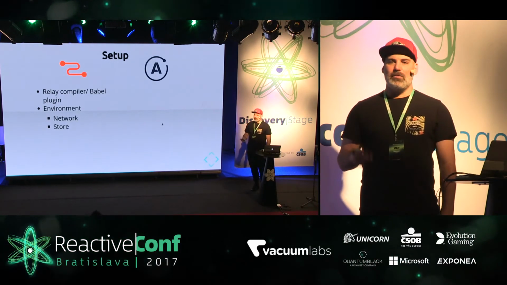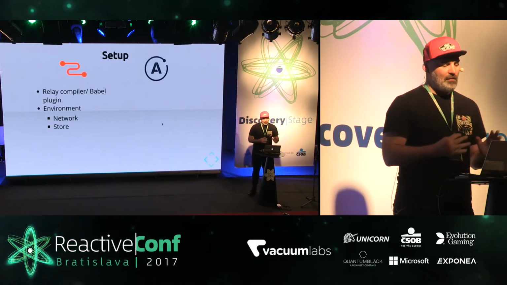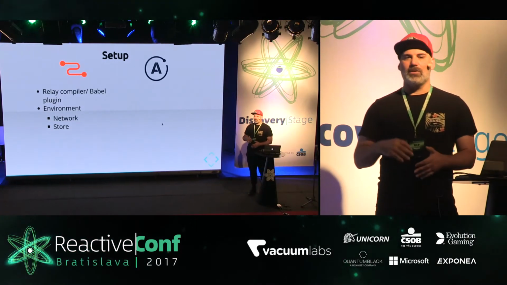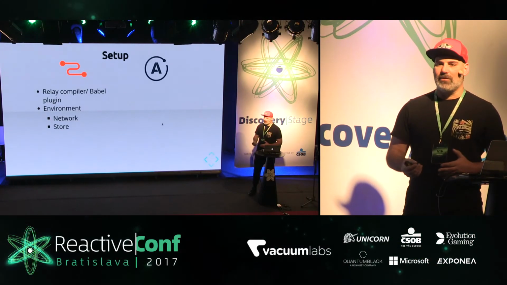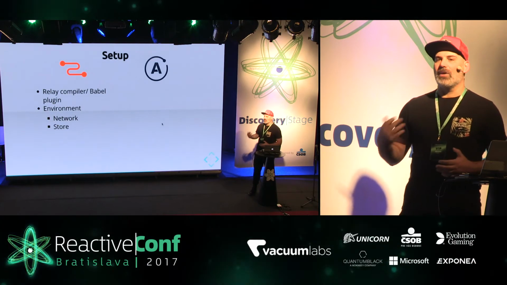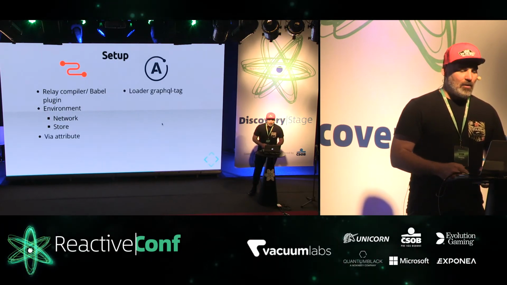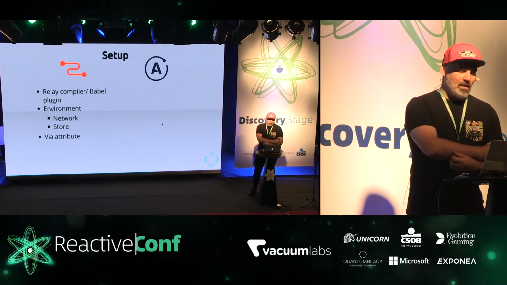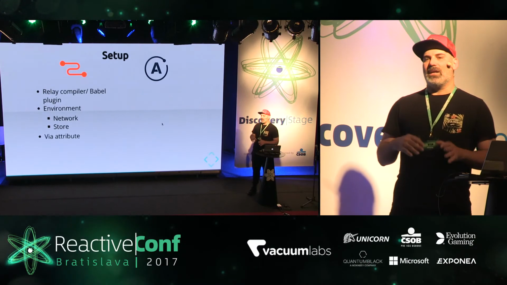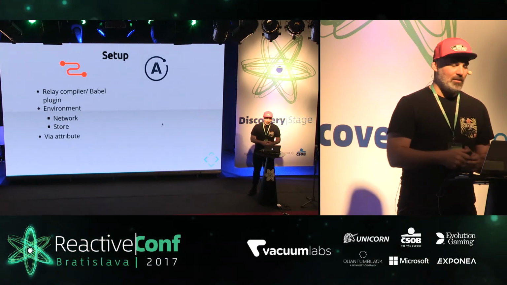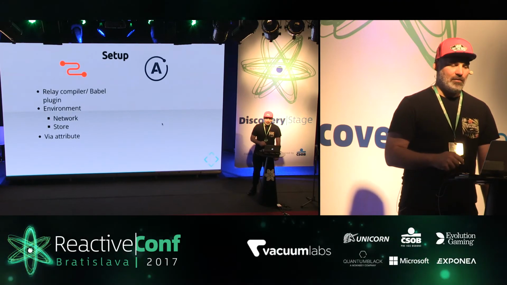There's also a new environment that I need to be aware of. We have a network and a store, and the network is going to handle communications with the GraphQL server, and the store is going to have the cache on the client. We're going to use this via an attribute, and that's how it's going to be set up on the client. So this is more or less an overview of the setup for Relay Modern.